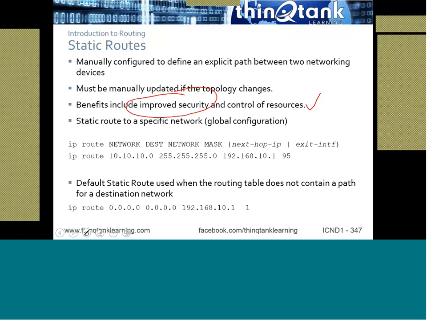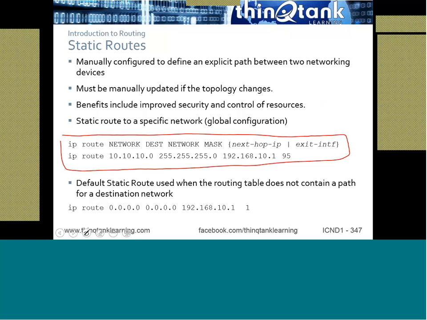Well, static routes don't do any negotiation. All right? Now, static routes are entered into the router in global configuration mode. Here is the syntax. I'm only going to mention one thing about this because we actually have a whole chapter for static routes coming up. But the number at the end here, I'm going to mention that because you'll probably see that on the exam. That number on the end represents the administrative distance.